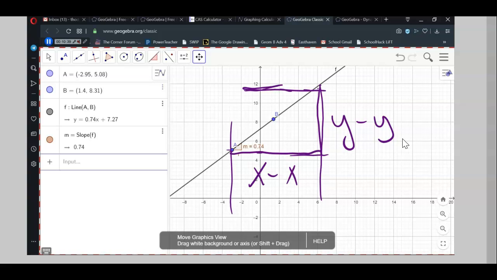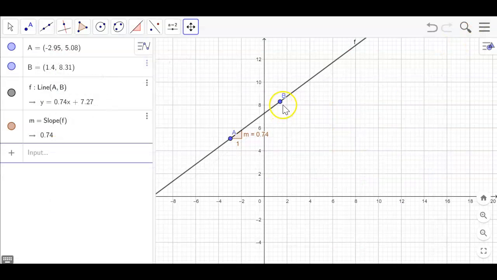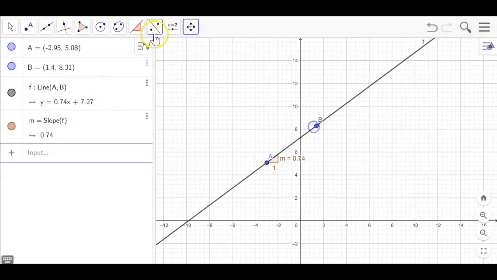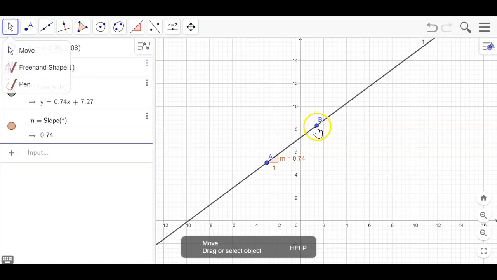So another way to describe the slope is to say it's y minus y over x minus x, or the slope formula, they call it. Now, it doesn't matter if you use this y first or that one. You have to be careful because when lines get a negative slope, let's give it a negative slope here.